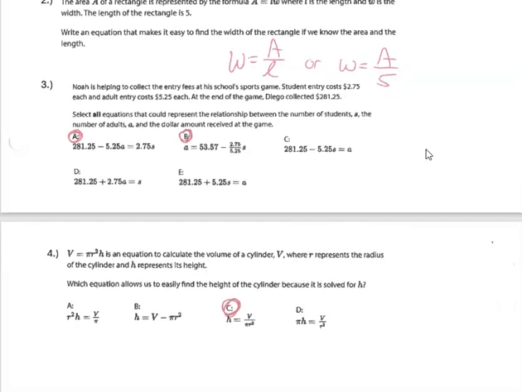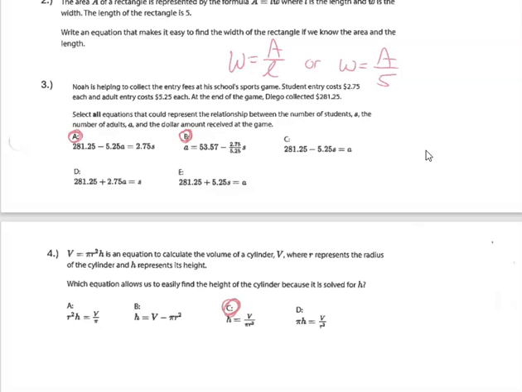Number 3, the equation that I would have come up with originally, because they say it's $2.75 for a student ticket and $5.25 for an adult, and they made $281.25. I would have said 2.75s plus 5.25a equals 281.25. That would be the generic equation I would have had.